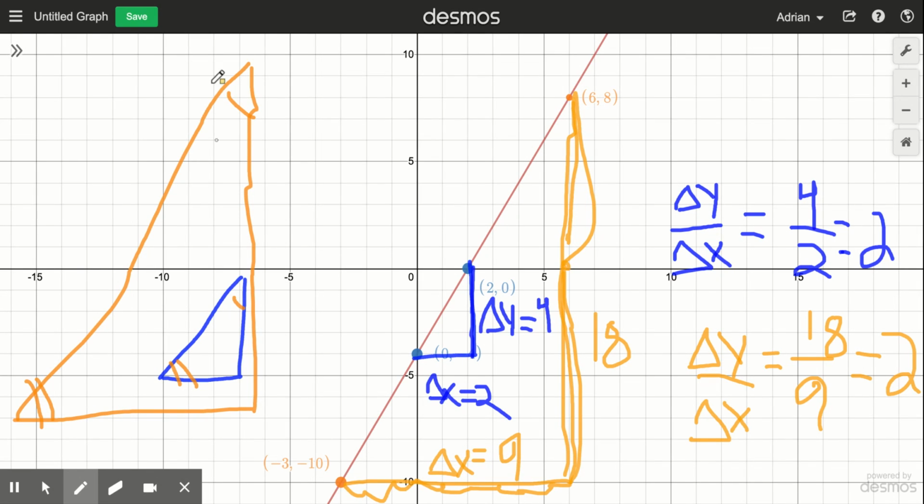They have similar interior angles as one criteria for showing this, and their sides are scales of one another, meaning that there is some number that I can multiply 4 and 2 by that will give me 9 and 18. We're not going to worry about that part right now. All I want y'all to do for today is show these two sides are similar by calculating the change of y over the change in x.